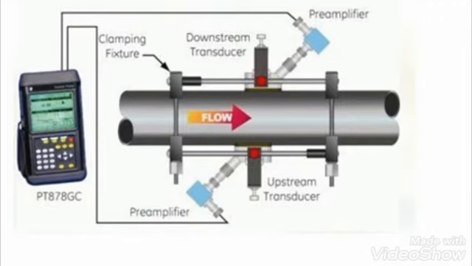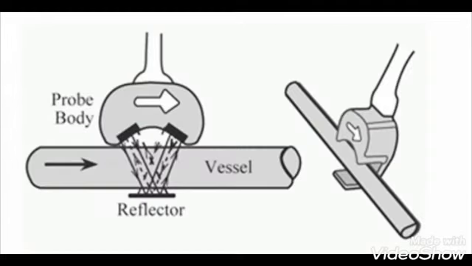Here you can see a transit time flow meter. It has two devices, both having a transmitter and receiver. One is on the upstream and one is on the downstream. This is a clamp on flow meter. You can see on the pipe we just clamp on this flow meter and no need to cut the pipe and fix it inside.